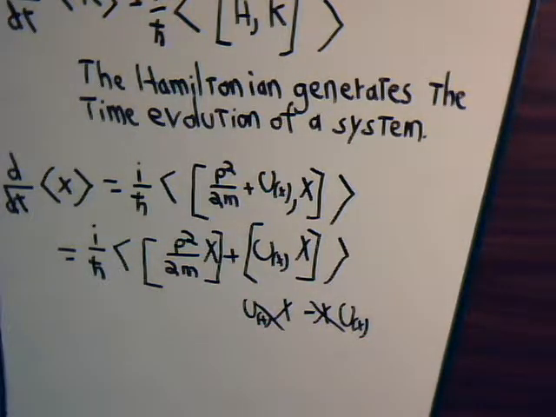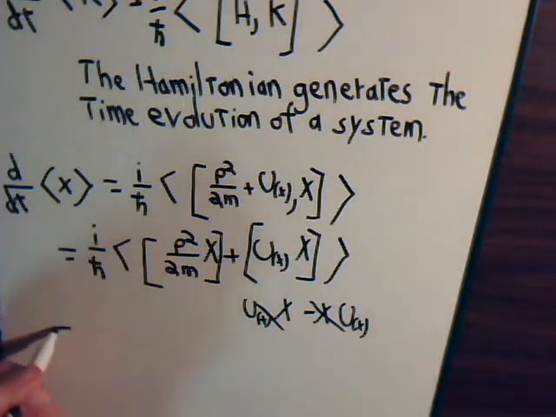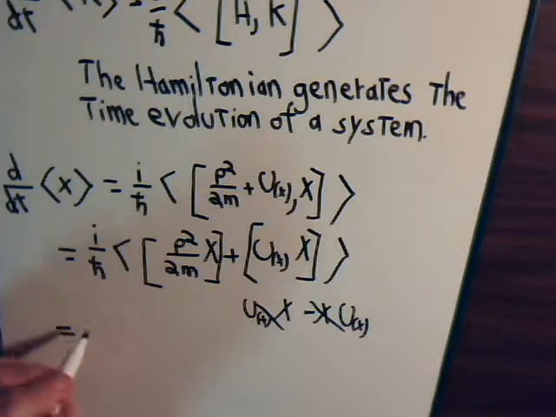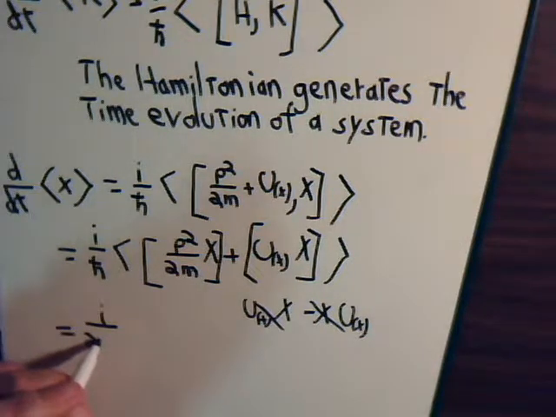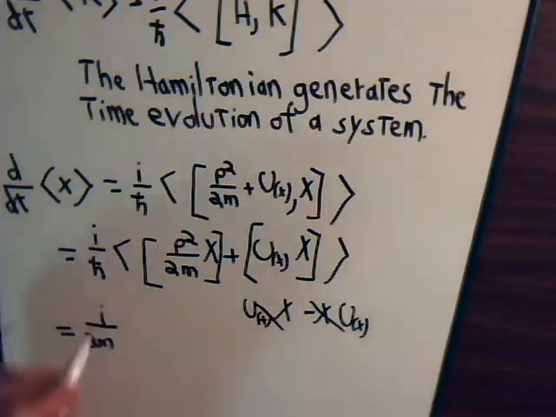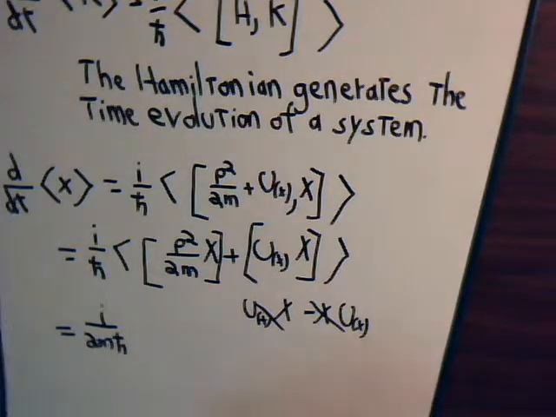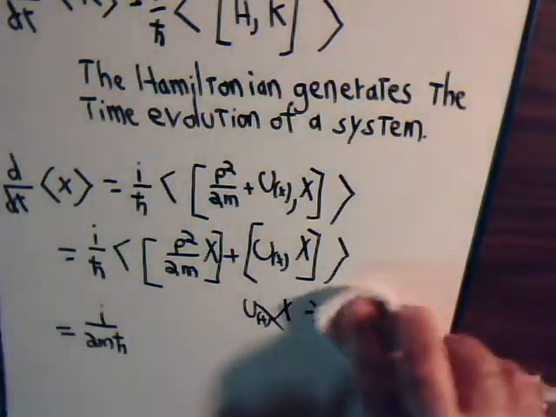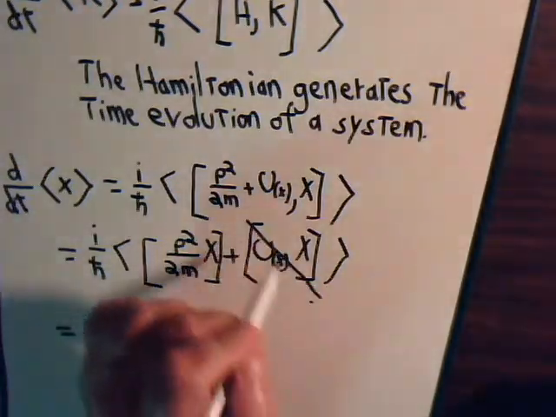So right now then what do we have? Now we'll take the 1 over 2m to the outside, and that will equal i over 2m h bar, and then from this commutator, this is 0.